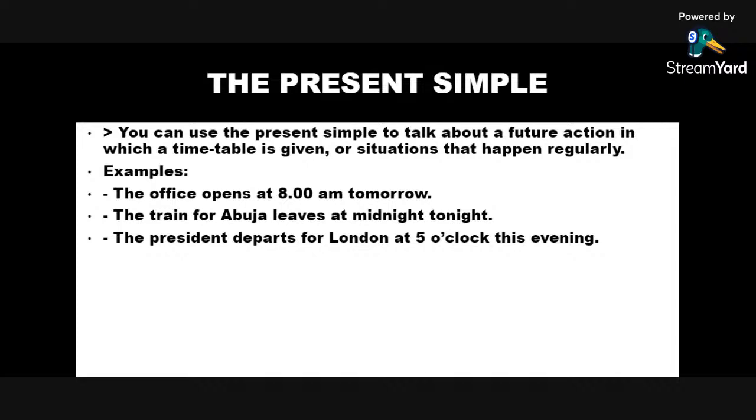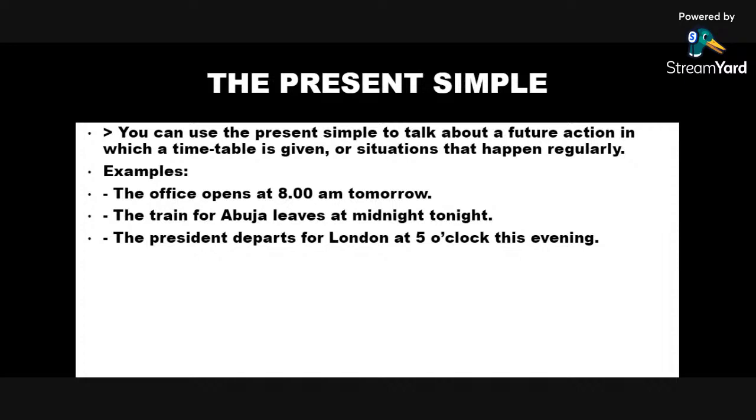For example, the president departs for London at 5 o'clock this evening. All right. Well, it's partly also something of a timetable, because anything like the official movement of such an official person as the president, there's always a time schedule for that. You can call it the president's itinerary if you like.